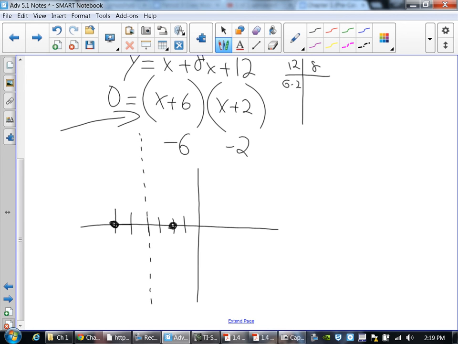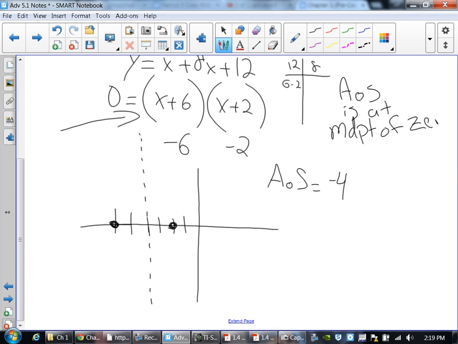So now you know your axis of symmetry for this style problem would be at negative 4. When you're in intercept mode, it's the midpoint of the zeros. Your axis of symmetry is at the midpoint of zeros.